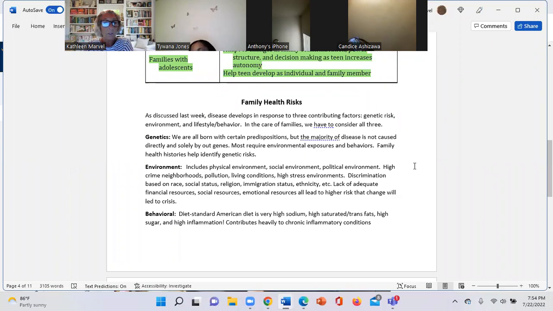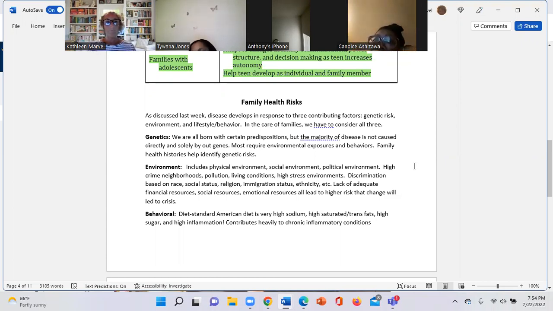Most of the diseases developed are due to environmental and behavioral exposures. But family health histories help identify genetic risks. And that's that genome that you're going to read about in your readings.